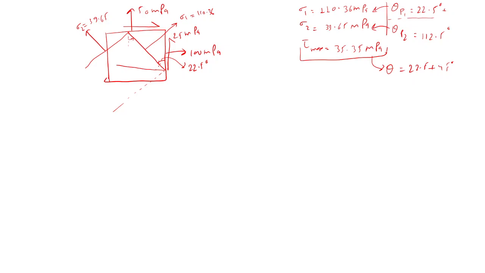Let's suppose this is 45 degree. So this would be the plane where maximum shear stress would be working, right? So maximum shear stress would be here. So this is tau max.